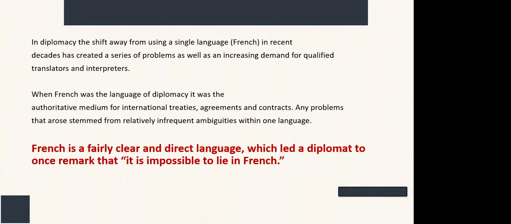In diplomacy, the shift away from using a single language, French, in the past decades has created a series of problems as well as increasing demand for qualified translators and interpreters. This is the point I'd like to stress here. Given that English is important in our hemisphere, it doesn't mean that it is not important in other parts of the world.